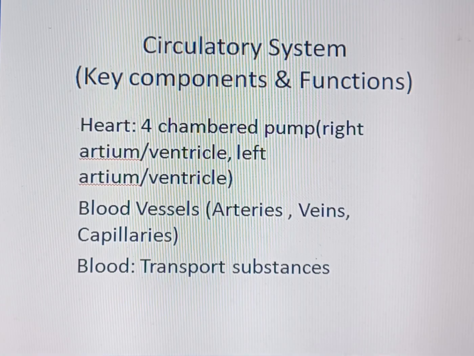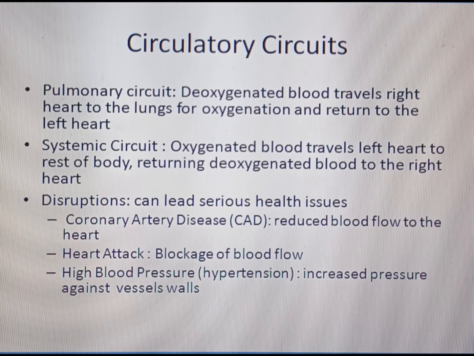Capillaries are thin-walled vessels where oxygen, nutrients, and waste exchange takes place. The circulatory system carries oxygen and hormones to the cells and removes waste products like carbon dioxide. There are two important circuits in the circulatory system.